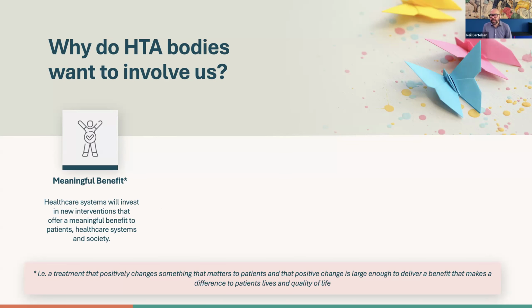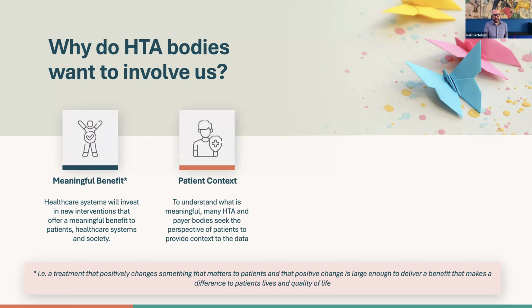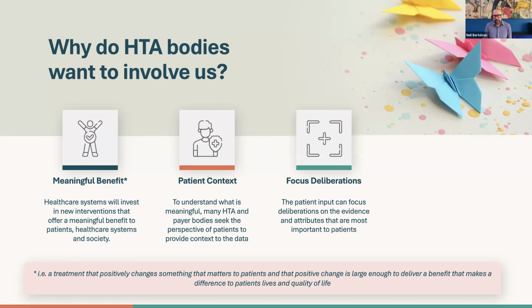So they're looking for those meaningful investments in healthcare. But they don't know what's meaningful unless they have the patient context. They need to understand what happens to us. They need to understand our points of view in order to understand what's meaningful. And once they have the patient context, they can use that to focus their deliberations.